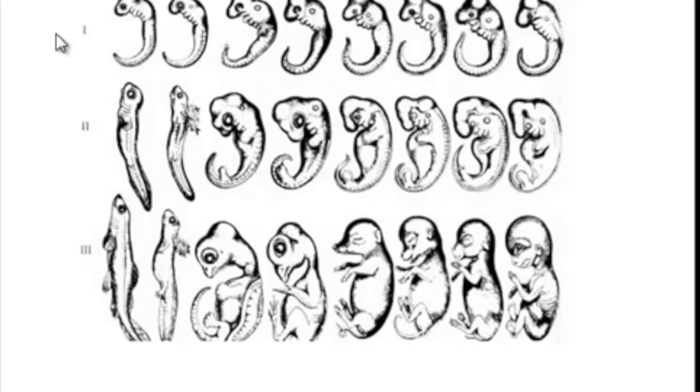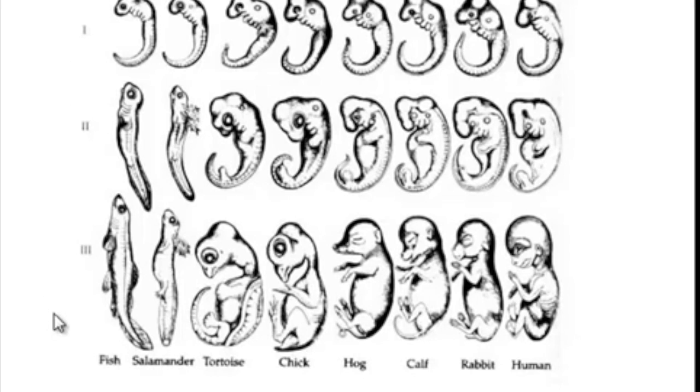So here we have embryos very early on in development, a little bit later, and then you can see from this stage what each embryo is likely to become. Because humans and rabbits are very similar in terms of their embryological development, we could infer that we have a more recent common ancestor with them than we do with fish or salamanders.